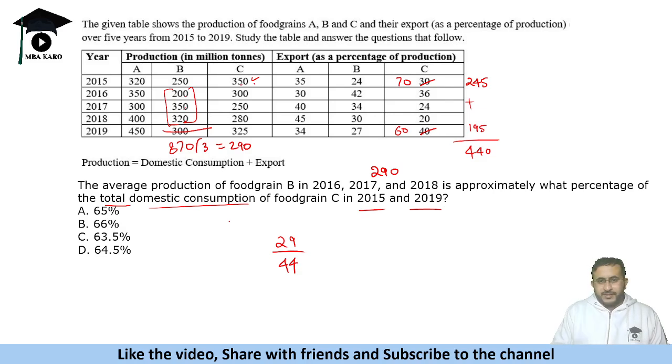Now again, this can be done with the technique I've been discussing, or we can reduce it, since it's a multiple of 4, to 725 by 11. 11 into 6 is 66, 65 point.